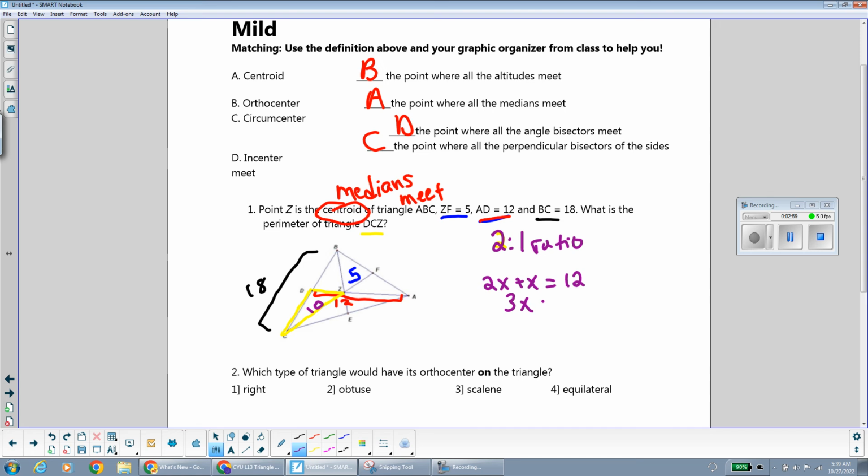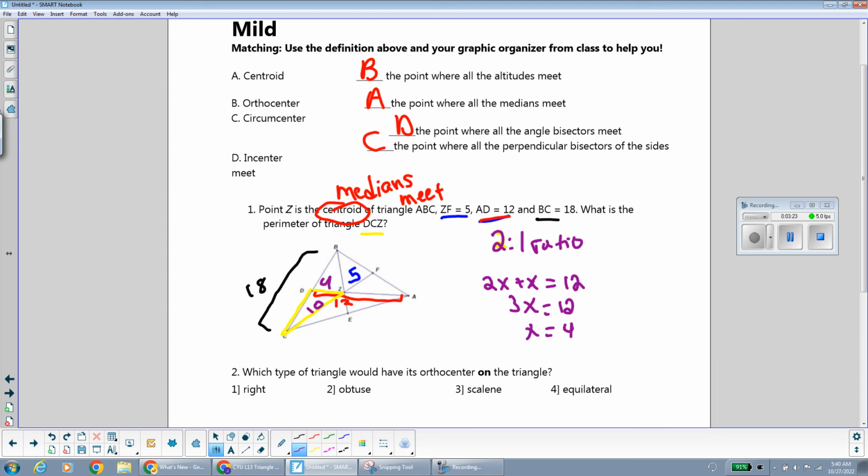Solving real quick, I find that the 1x part of the median is 4. And that makes sense because then the longer part would be double that. It would be 8, and together 4 plus 8 makes 12.